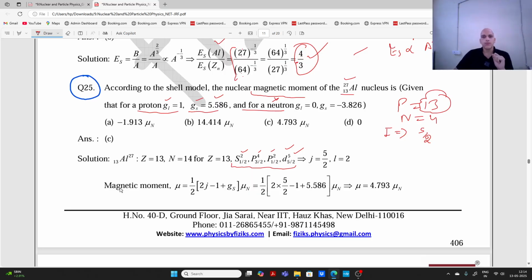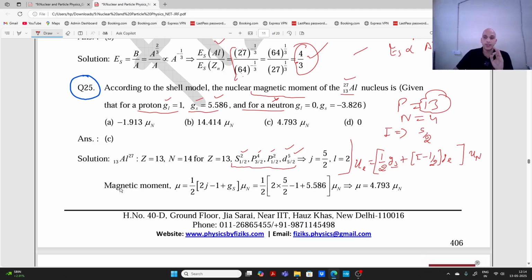Now I am writing the formula for magnetic dipole moment. Mu is equal to 1 by 2 times (GS plus (I minus 1 by 2) into ZL) whole term multiplied by nuclear magneton, right? Here GS is spin G factor and ZL is orbital G factor, right?